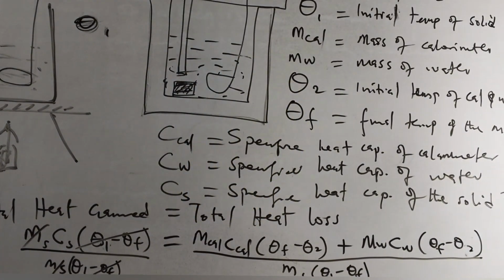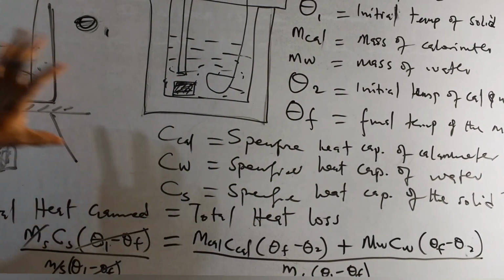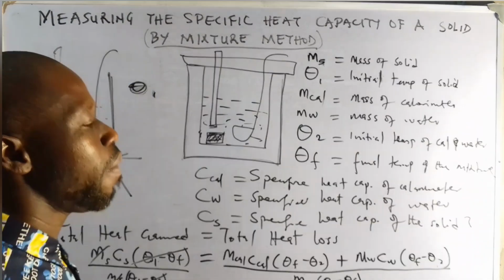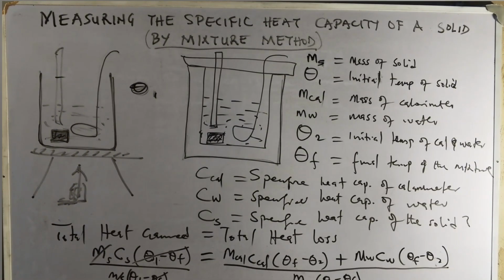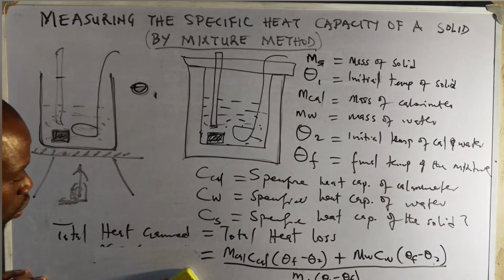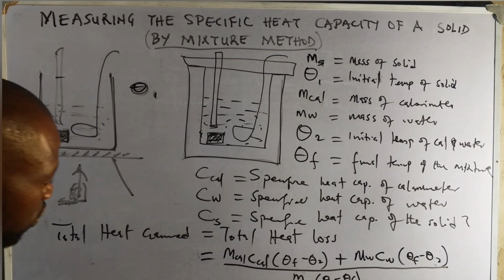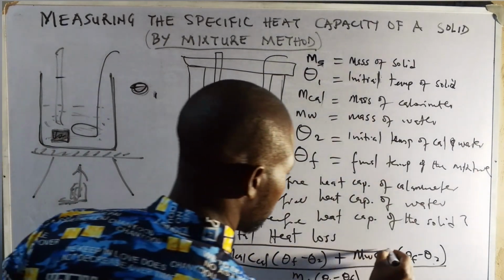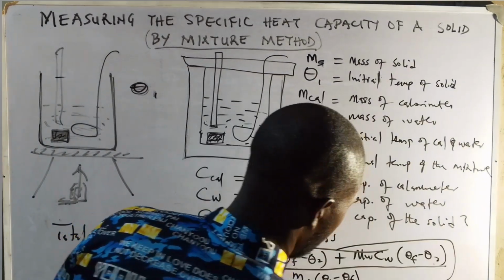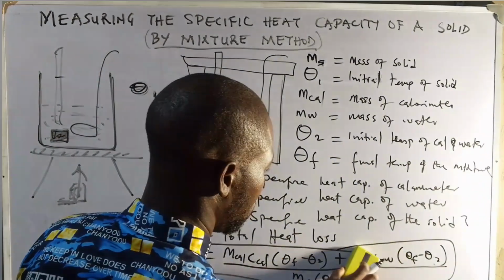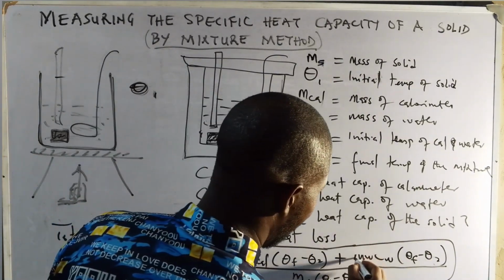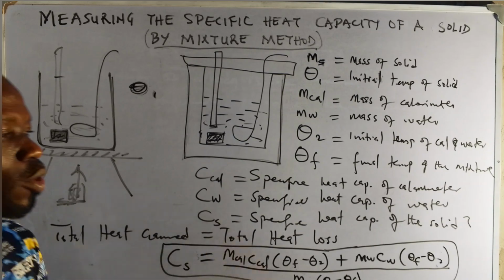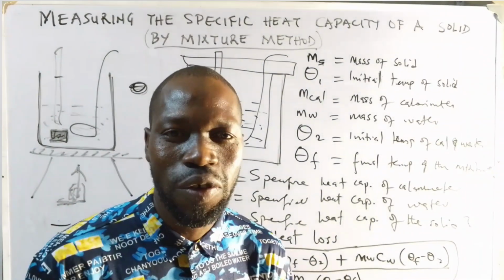So with this formula, we can calculate the specific heat capacity of a solid using the mixture method, which means that the specific heat capacity of the solid is equal to this, and this is the formula. This is the mass of water and specific heat capacity of the water. All right. So with this, you are able to determine the specific heat capacity of a solid.